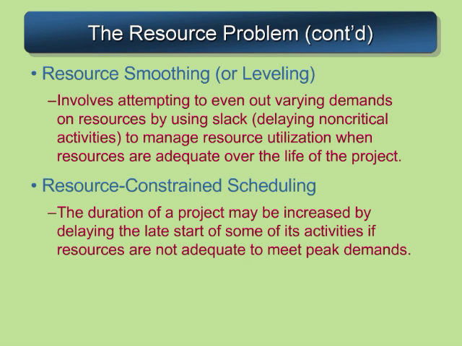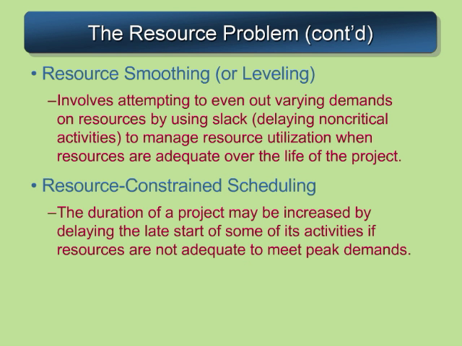We always want to try and optimize our resources, and so what we try and do is level or smooth the resource, and we try and even out the varying demands of resources by taking that slack that we've established in the last chapter, chapter 6, and use that as a way of managing resources over the life of the project.